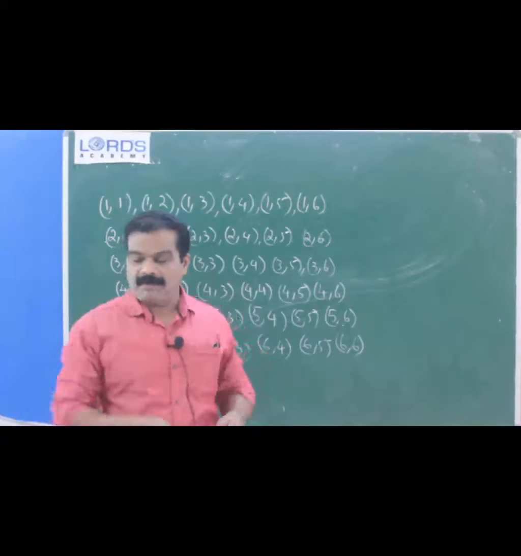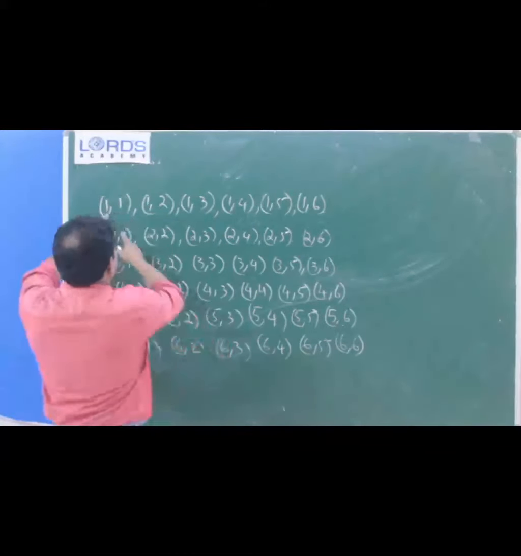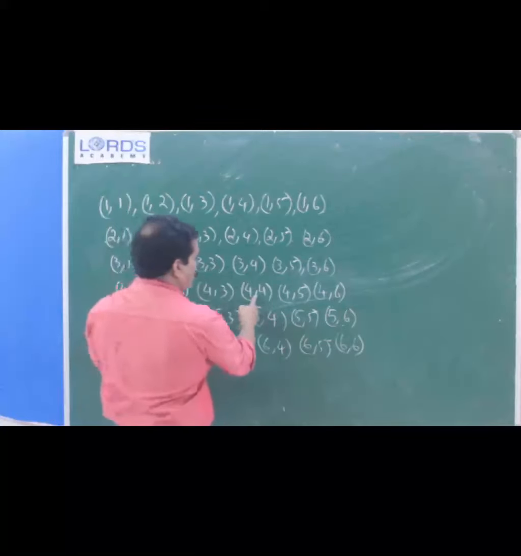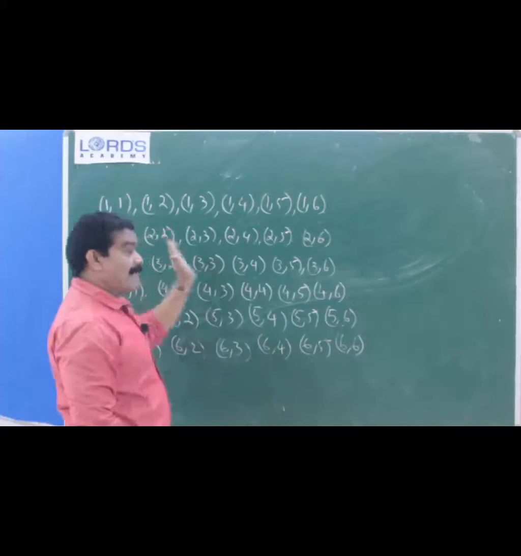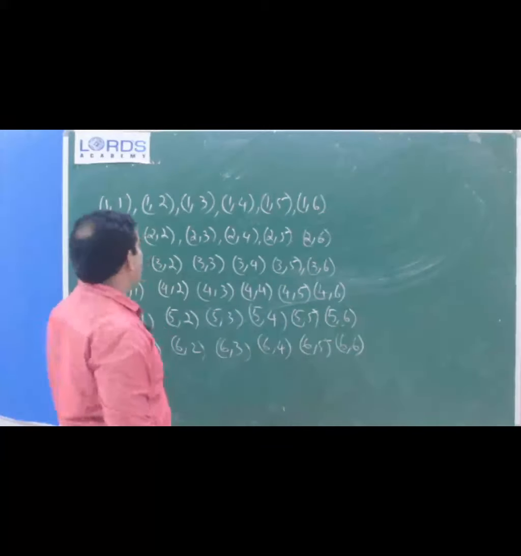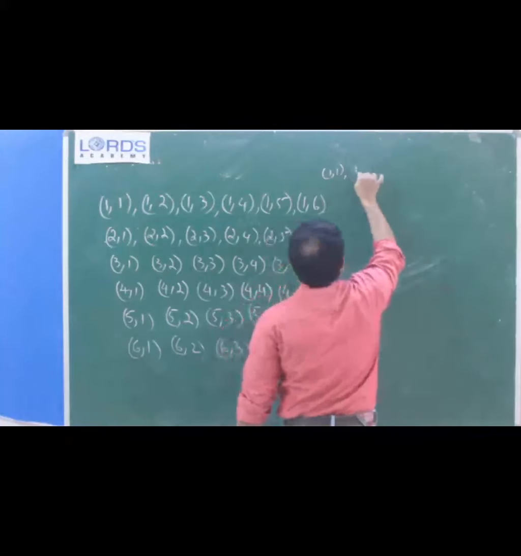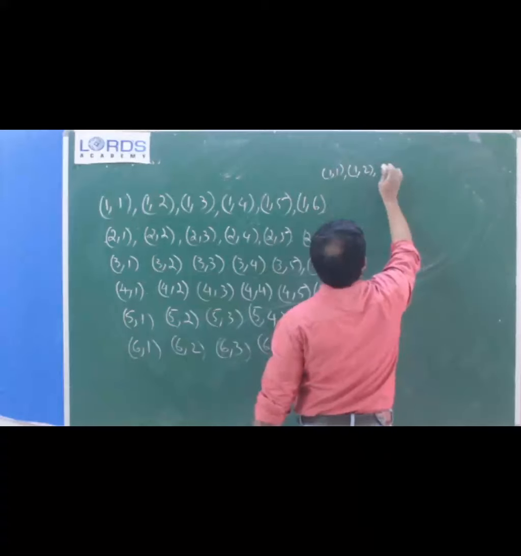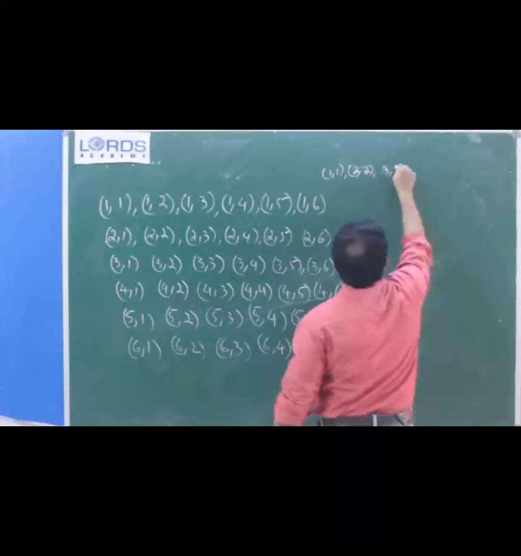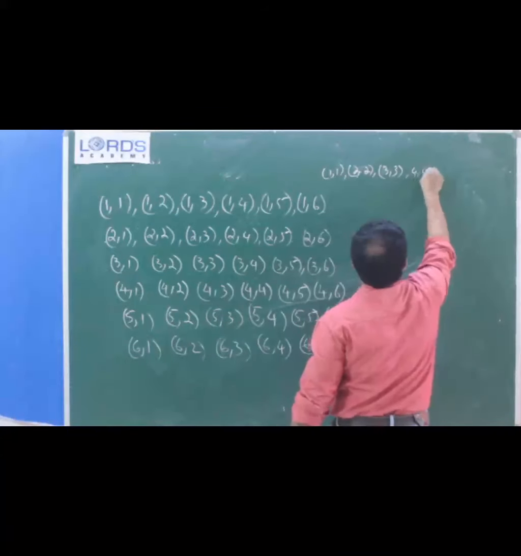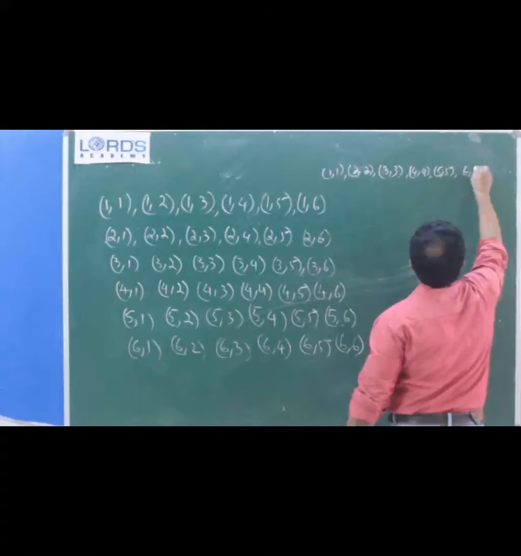First one is, what is the probability of getting a doublet? Doublet means you should get 1 1, 2 2, 3 3, 4 4, 5 5, 6 6. So you should write those pairs in your notebooks. 1 1, 2 2, 3 3, 4 4, 5 5, 6 6.